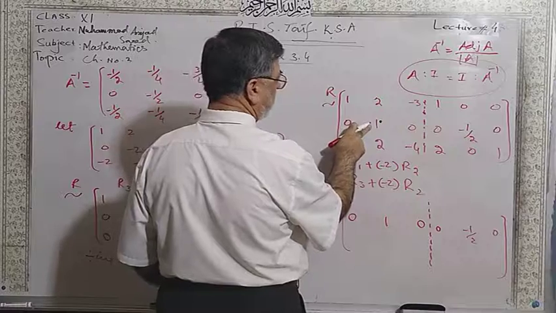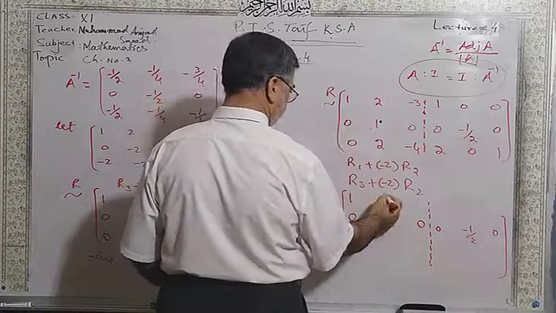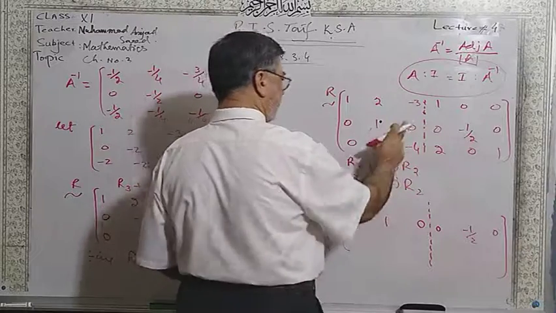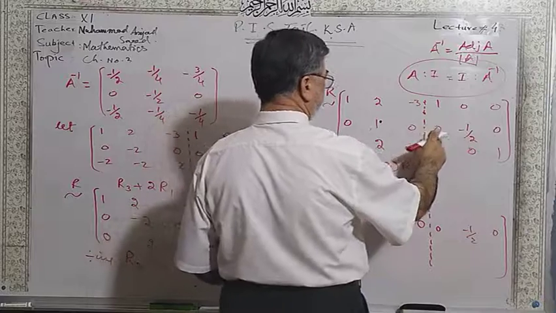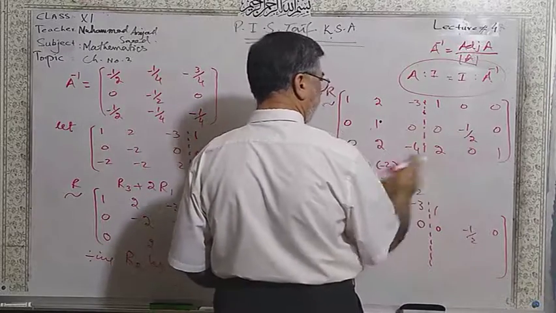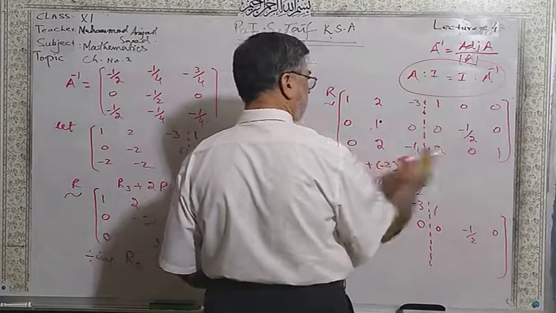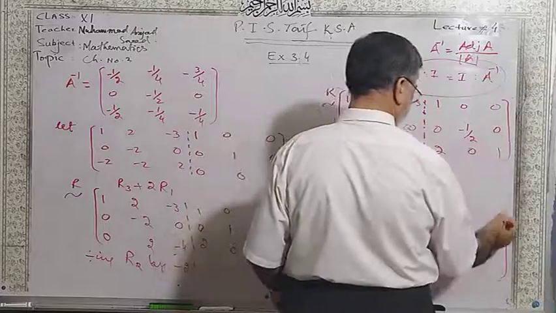Here multiply by minus 2, add above, 0. Multiply here minus 2, add above minus 3 as it is. Multiply by minus 2, here will be 1. And multiply by minus 2 here, that will be minus minus plus 2 to cancel, the 1 will come up. Here is 0.